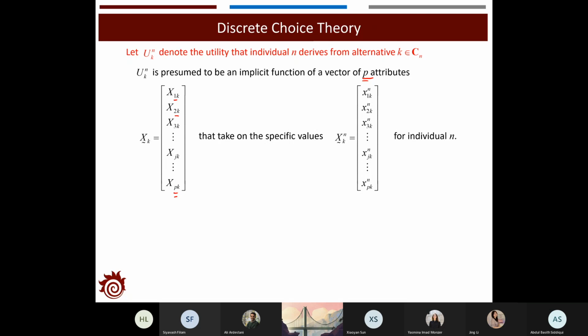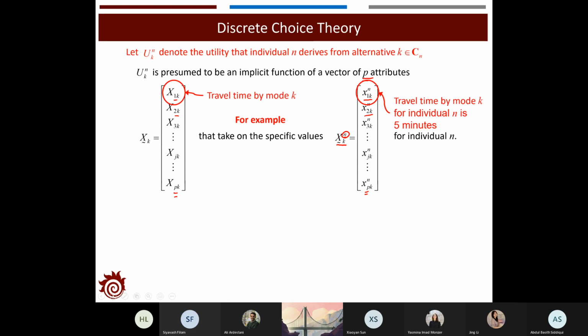And if we want to make it more specific for each individual, you can specify them as xkn, where n is the individual, since even for the same attribute, the same variable, it might be different for different users. So we have x1kn, x2kn, until xpkn for individual n with mode k.